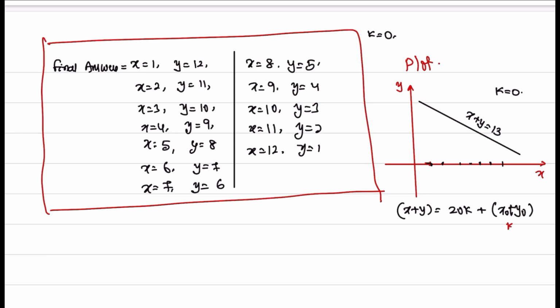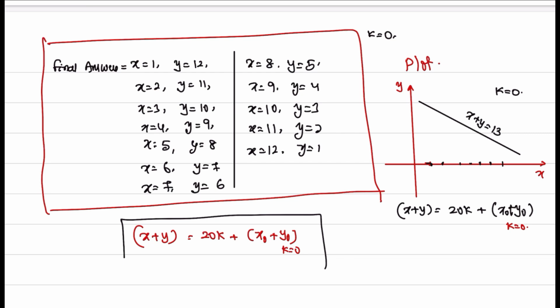In general, x plus y is equal to 20k, where k ranges from 1 to any number, plus x naught plus y naught for k is equal to 0. This is the general equation we will give, and you can try plotting for various values of k.